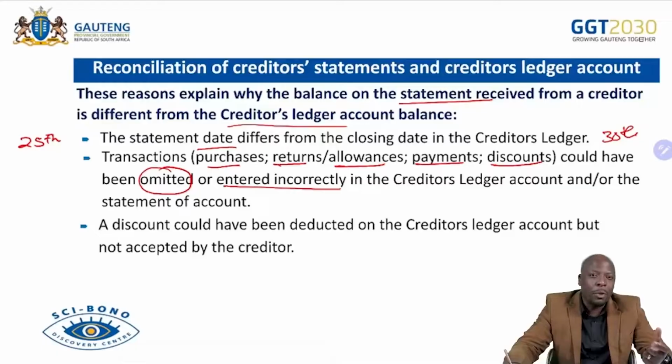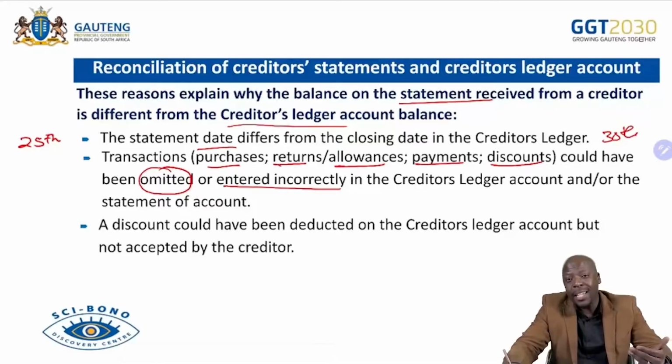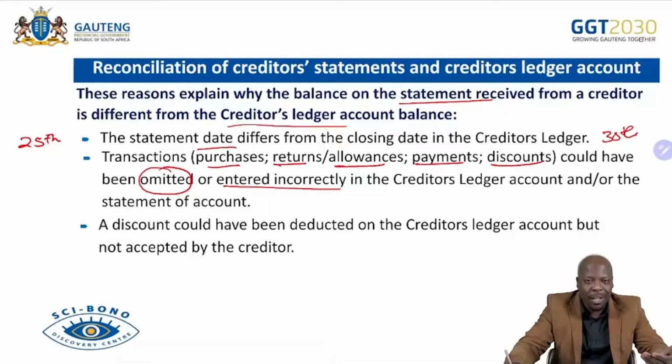Maybe we're supposed to pay a particular amount for us to qualify for the discount, or the payment was supposed to reach the creditor by a particular date. The moment we don't fulfill those demands, we will not qualify for discount. Therefore, we might have discount in our books, yet on the statement there is no discount. Or they could have given us discount, yet in our books we have not recorded any discount. That can also be the reason why we may have differences.